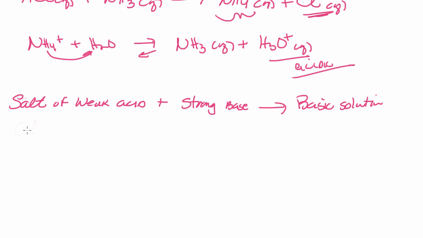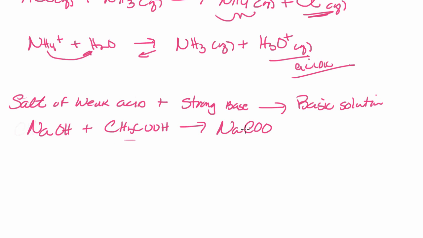Let's look at the reaction between sodium hydroxide, that's a strong base, and acetic acid, which is a weak acid. And what we end up with is sodium acetate plus water.